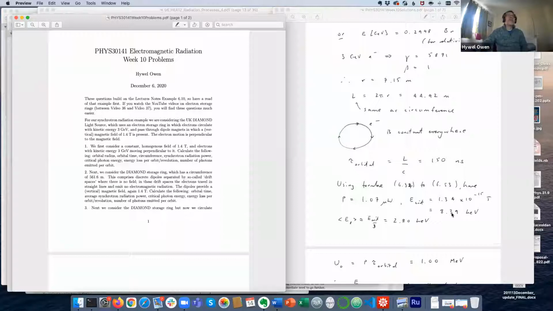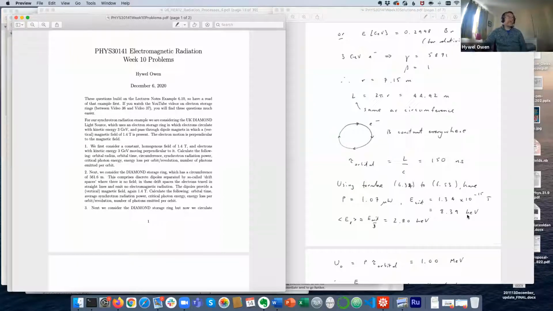So we see a very steep fall off in the number of photons in a given photon bandwidth above the critical energy. Okay, so that shape is shown in the notes, and I'll try to find time to show that at the end of this session.